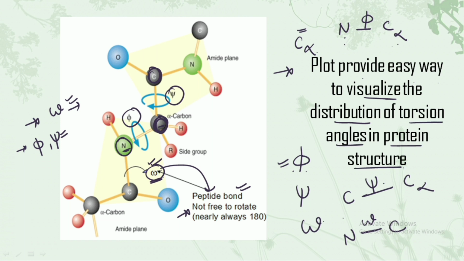And because of the change in these angles, that is because of the change in the torsion angles only, there occurs a change in the protein structure. We would be discussing the protein and its structure in detail, but in this video you just have to understand that proteins have various levels of folding. That is, first we have the primary level, then the secondary, then the tertiary, and finally the quaternary.